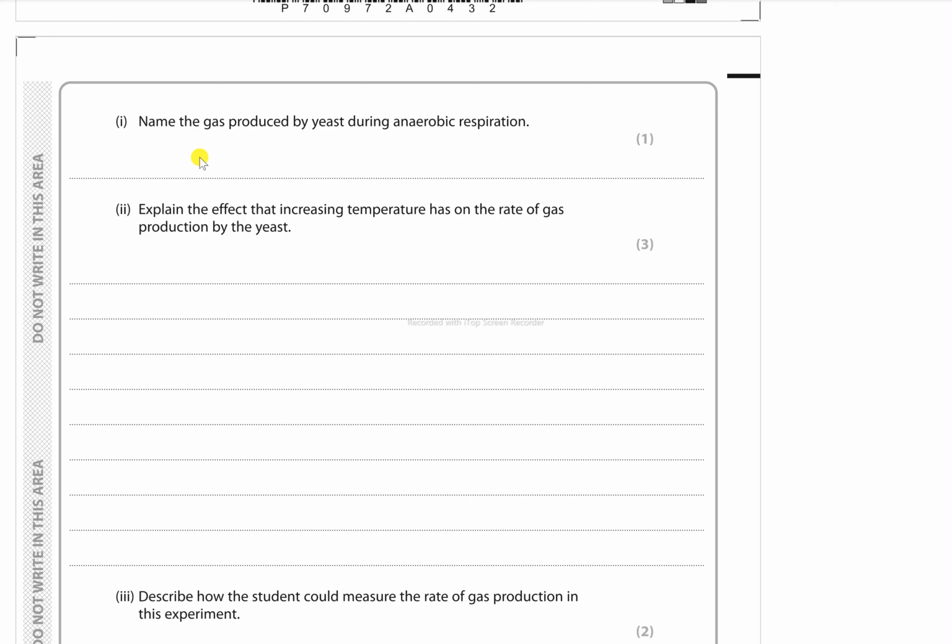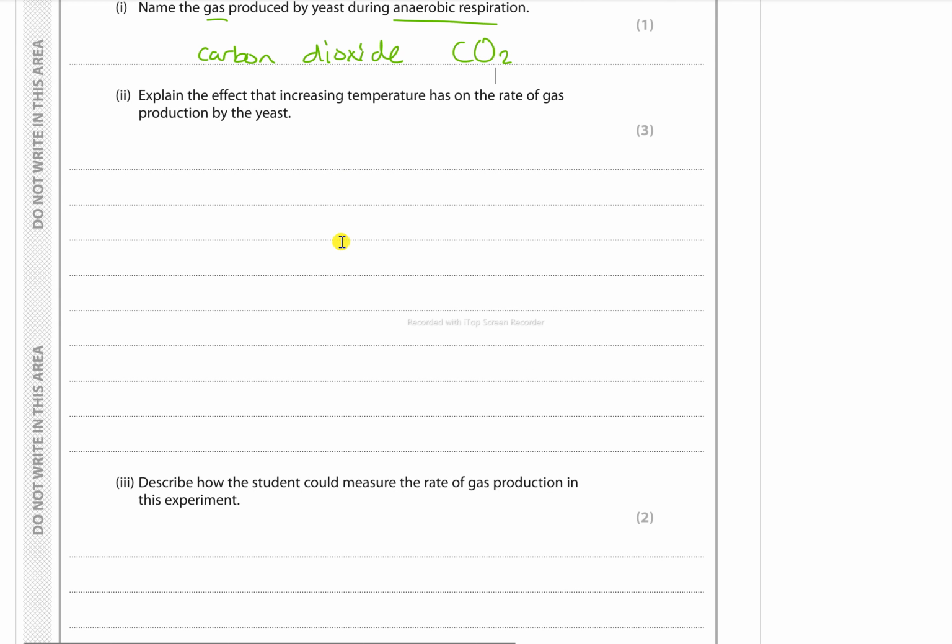Right, the gas produced in anaerobic respiration is carbon dioxide, CO2. Right, okay.